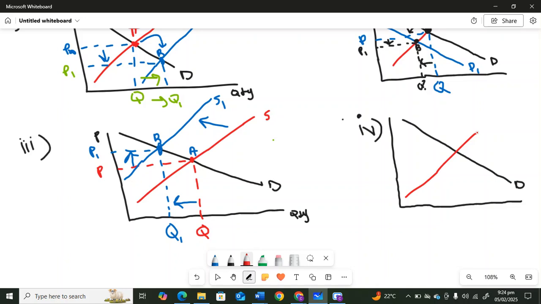We go to our fourth and final scenario. Valentine's Day is around the corner.